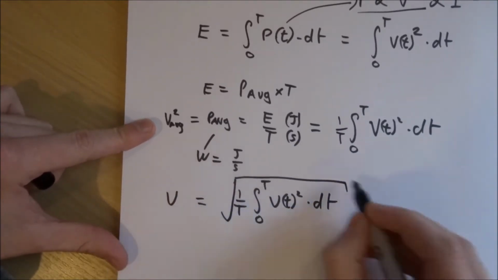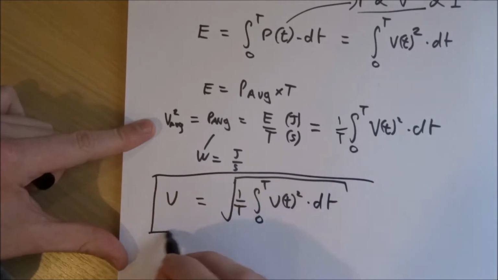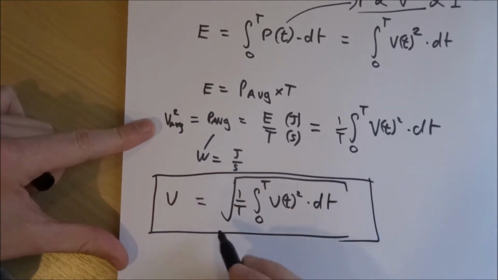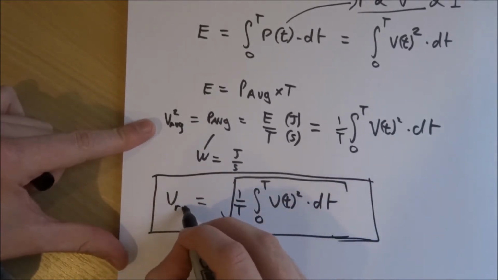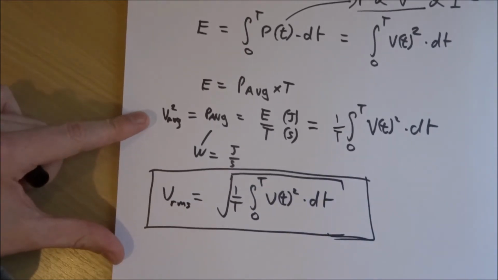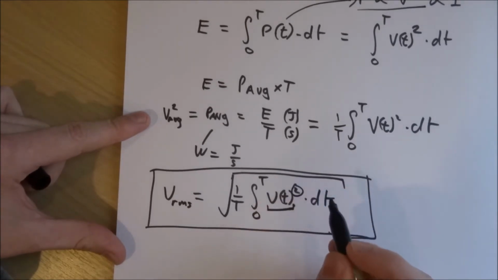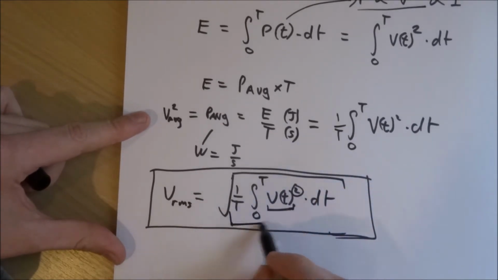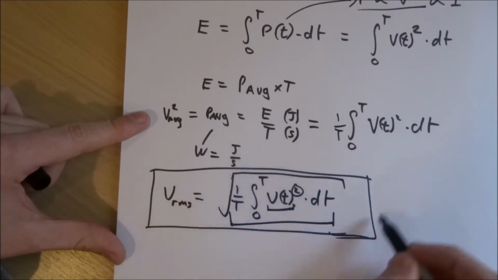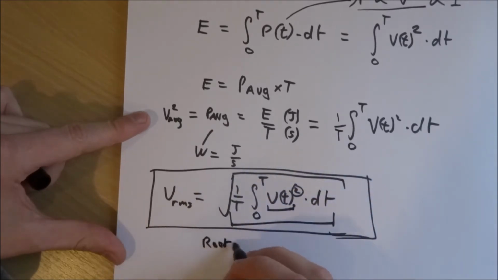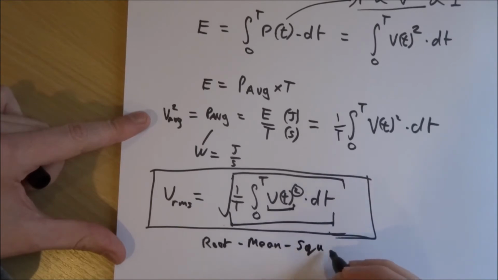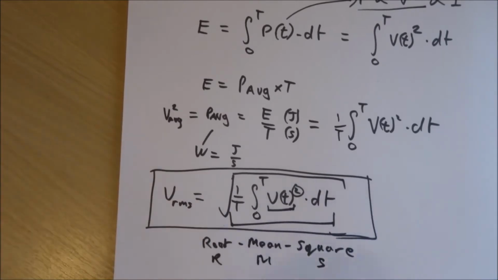And this equation here is the RMS equation. So that gives us the RMS voltage, because we have taken the voltage waveform, we've squared it, we've taken the average of it, or the mean, and then we've square rooted it. So it's the root of the mean of the square. RMS.